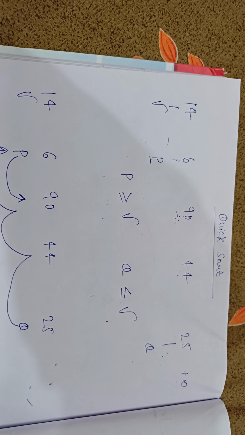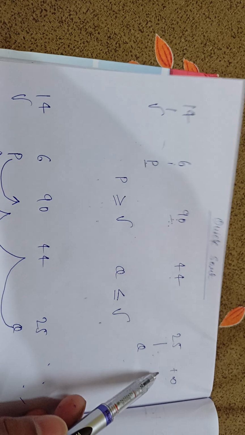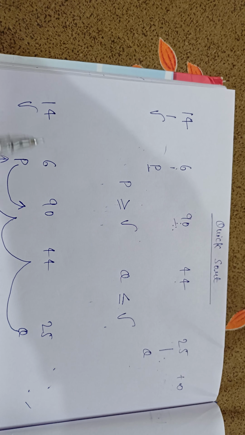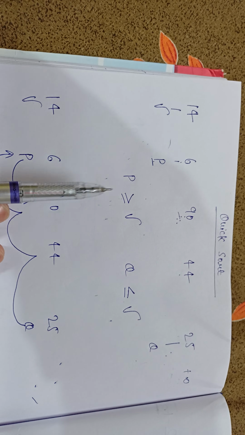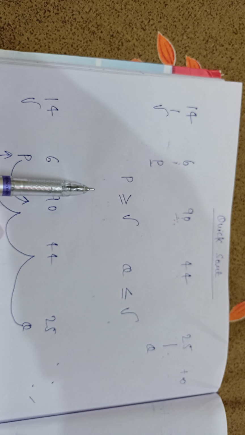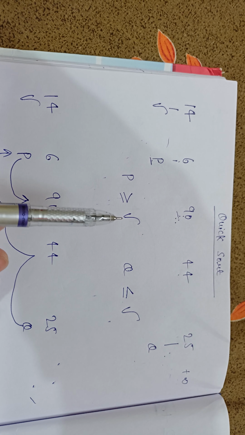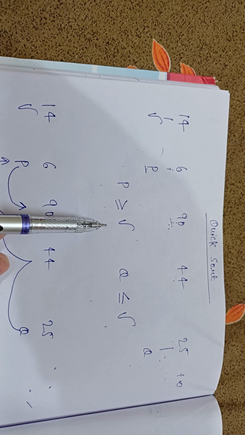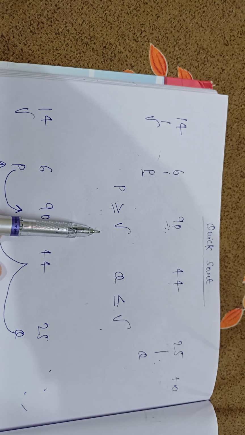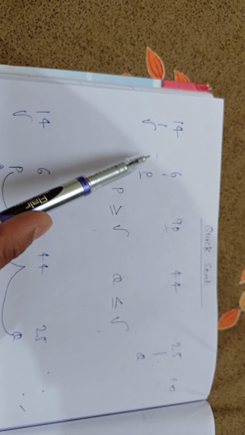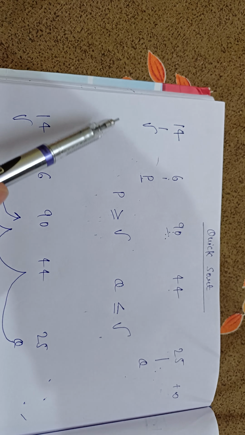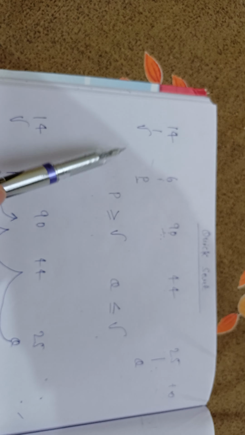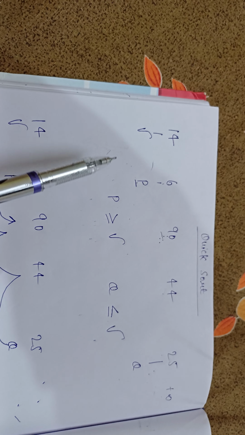Now let's come to this infinity. Where does this infinity come from? I told you that p will search for an element which is greater than or equal to the pivot, and it will stop there. Suppose your first element is the biggest element, and you took that as your pivot element.